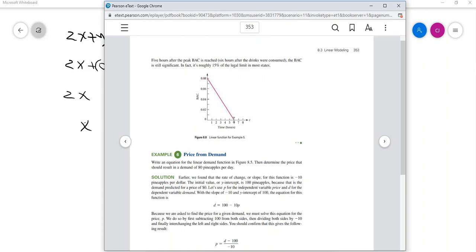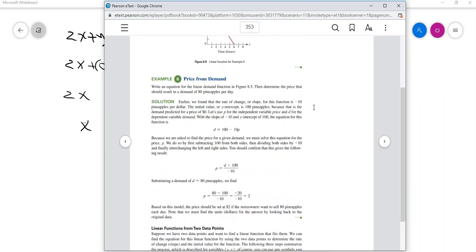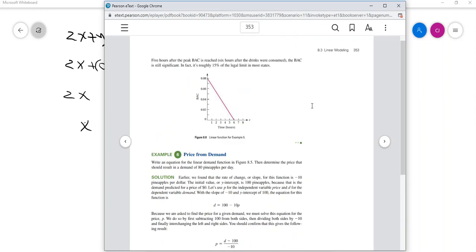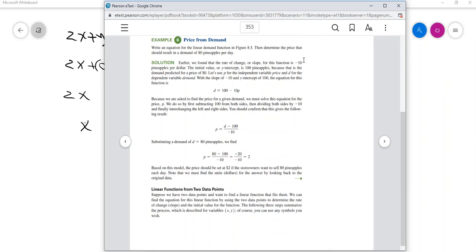After 6 hours, blood alcohol concentration is at 0. So it took 6 hours for all that to get out of the system. If we wanted to find slope, we would have to get a couple points here. One point is (6, 0). The other point is (0, 0.08).